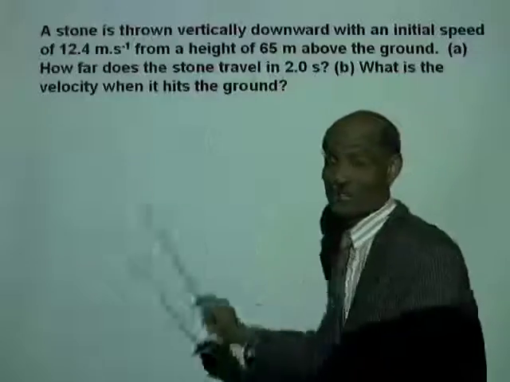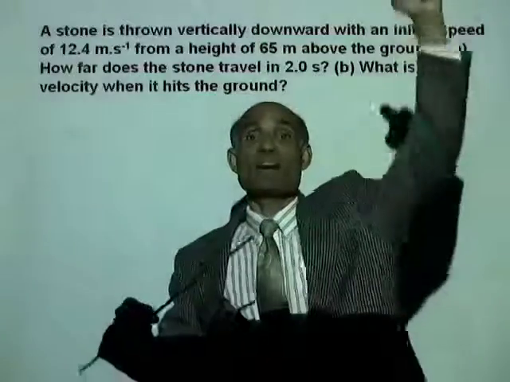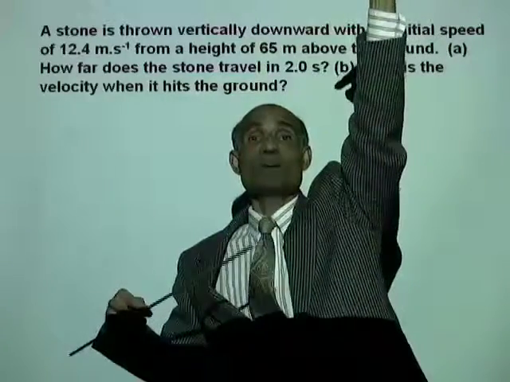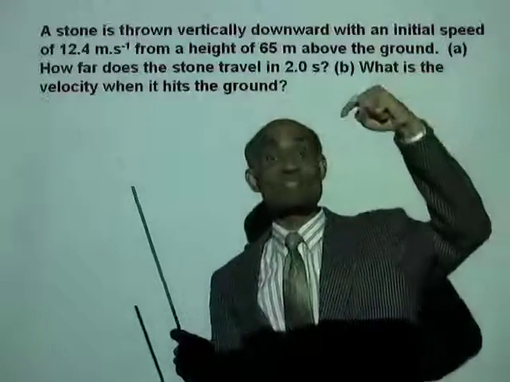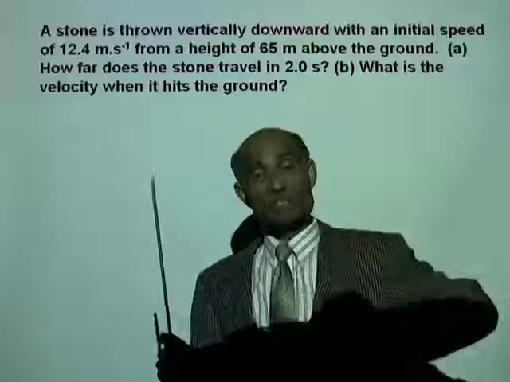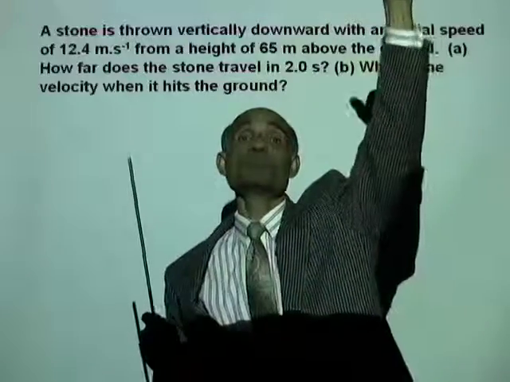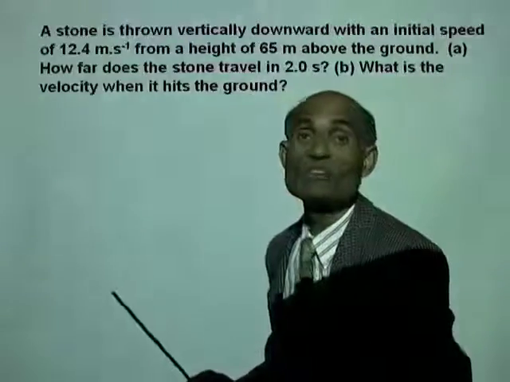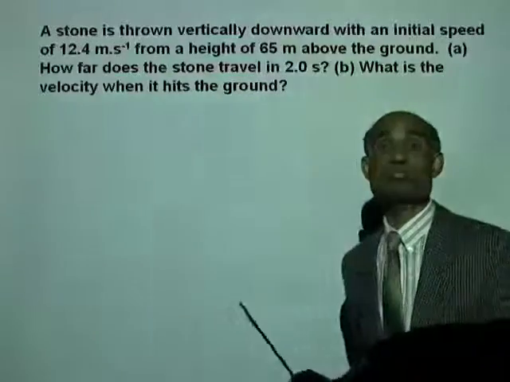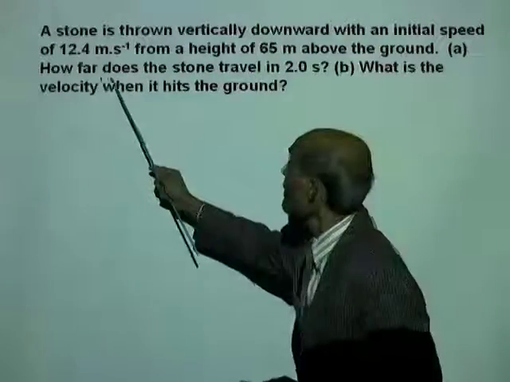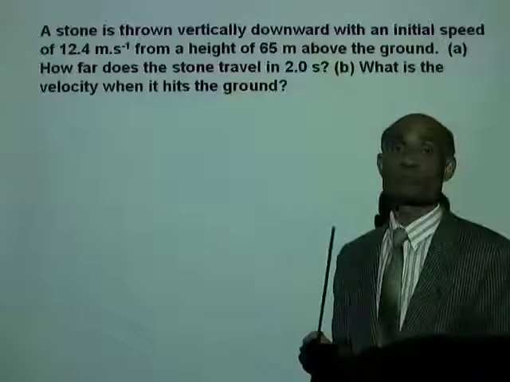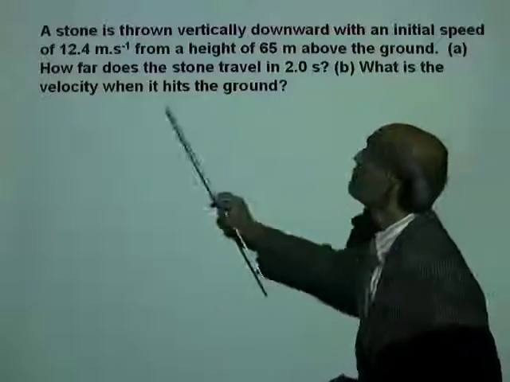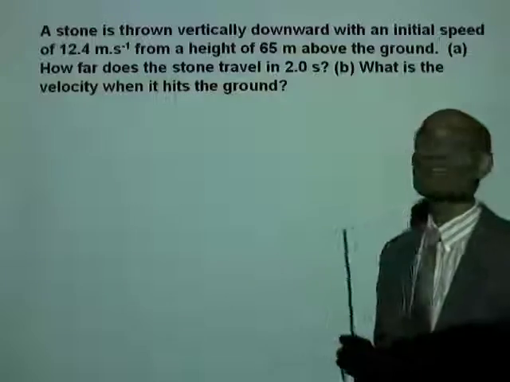That means it is thrown from somewhere above the ground, so that is your y0. y0 is 65 meters. When time equals 0, the position of the ball is y equal to 65 meters. How far does the stone travel in 2 seconds? And what is the velocity when it hits the ground?